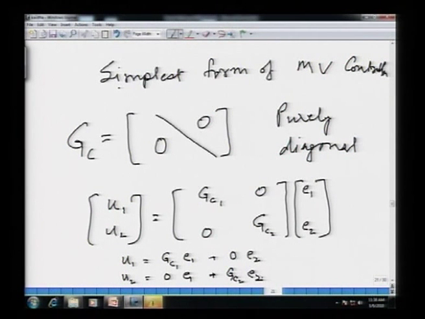The movement in input 1 is governed only by E1 and the movement in U2 is governed only by E2. That means I do not care what is happening to the other variable; I make changes here based only on this and there based only on that. This is what is called a decentralized controller.